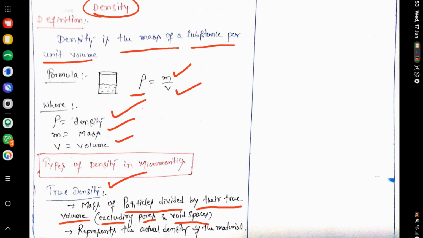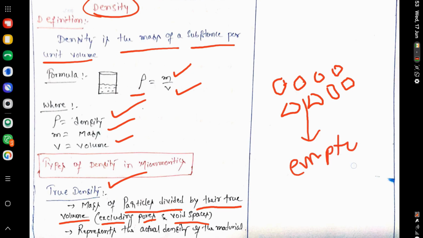So here, for example, suppose these are the powder particles. For true density, we are going to leave this empty space, that is, void space, we are not counting it. The small gaps or small holes present on the surface of the powder particles are called pores.